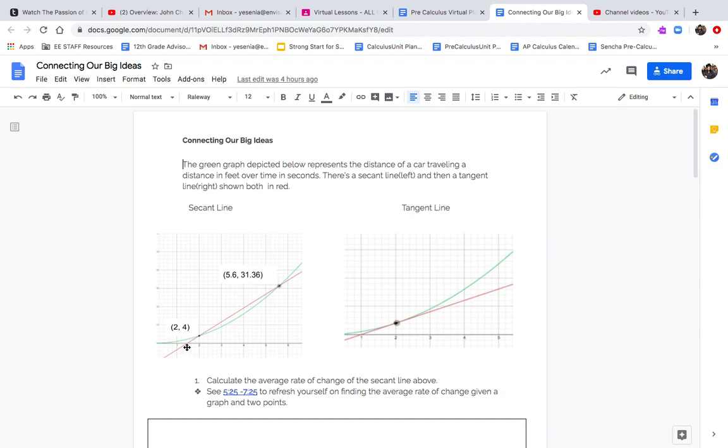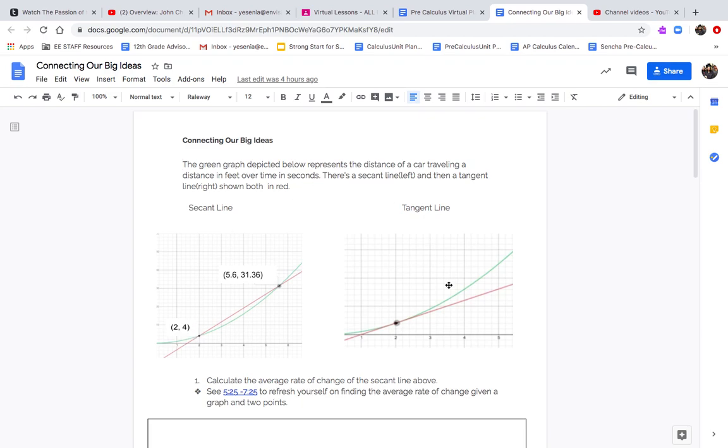Why? Usually we draw a secant line to calculate the average rate of change of the car's speed or velocity. When you calculate the slope of these 2 points, or the slope of the secant line, that gives you the average rate of change. On average, how is the car moving is what we're looking for.